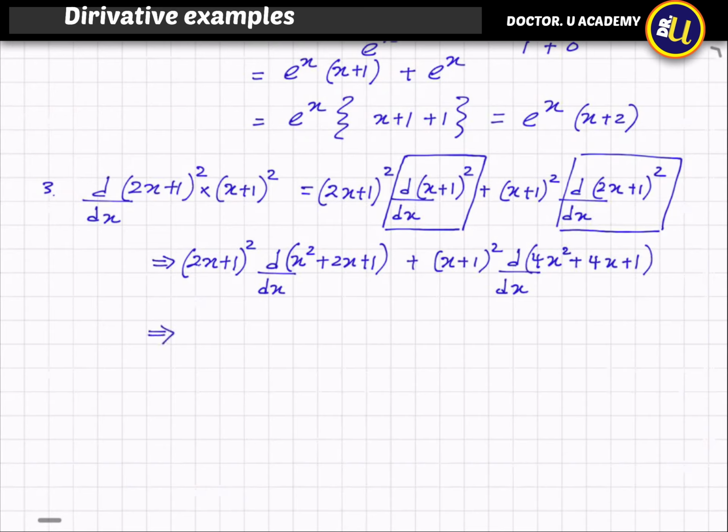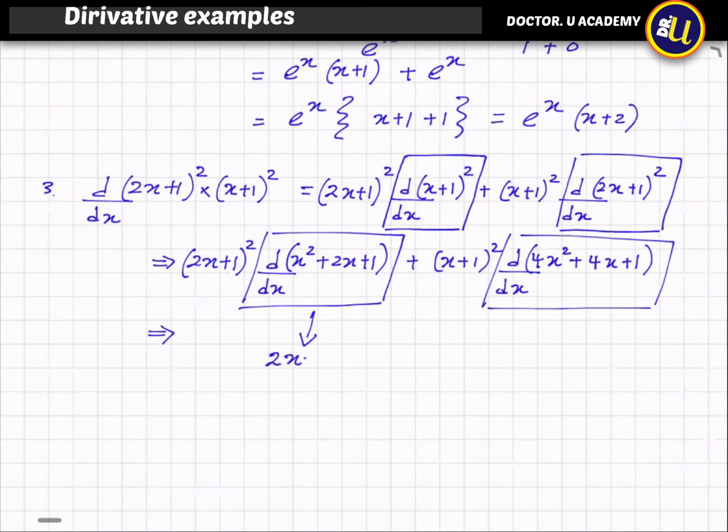Now you have to find this one over here and this one over here. When you take the first derivative, d/dx of x squared, you can use the addition rule. When you use the addition rule and individually consider the derivative, you get 2x plus 2 here. Here you get 8x plus 4.